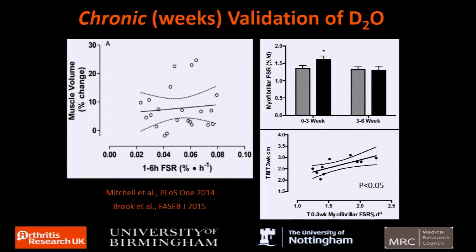One of the reasons why it's very important to take this into a chronic setting, beyond the obvious, is because of what we found in the past, in a paper in collaboration with Stu Phillips in this audience.